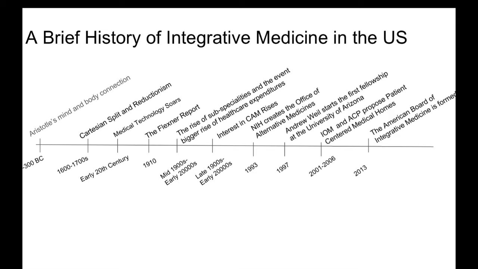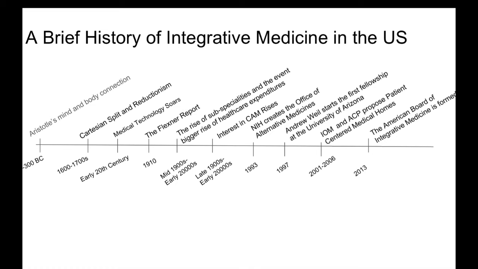And then in 2001, the Institute of Medicine published a report on the overall state of the U.S. healthcare system. In 2006, the American College of Physicians also published a report, and the gist of the report is that we are not doing good medicine anymore, and we need to restructure how we're approaching our nation's healthcare system.